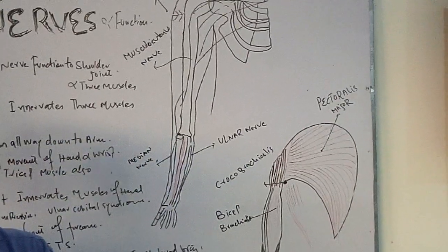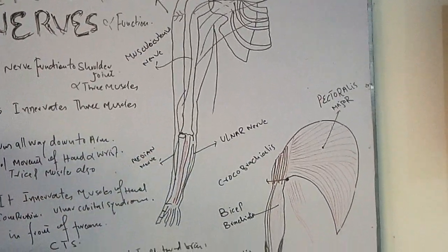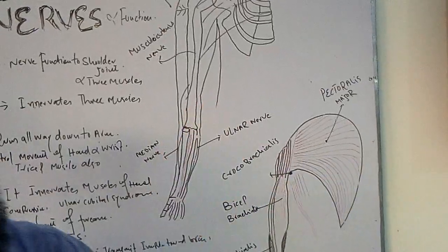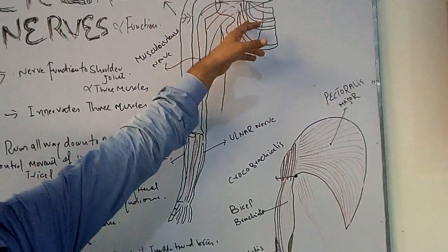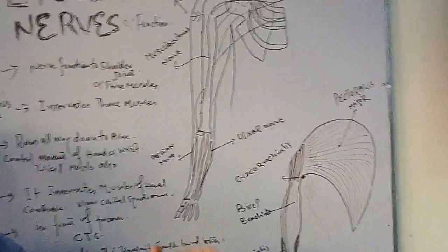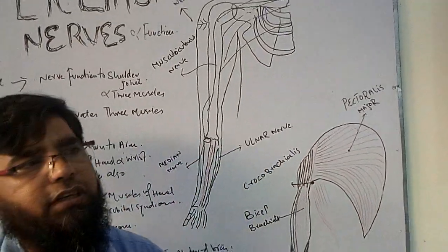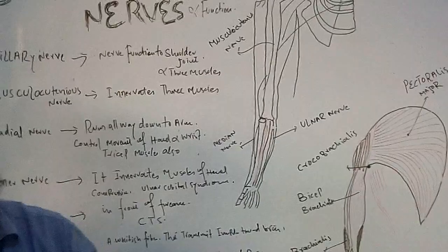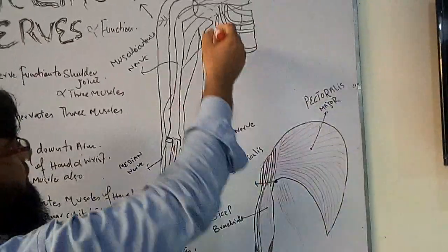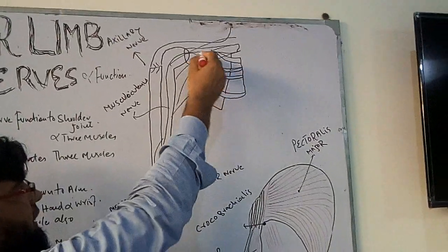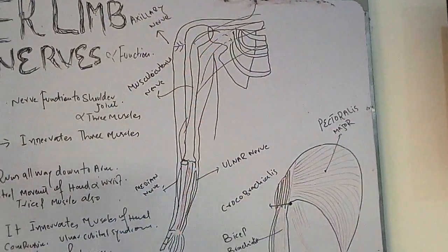The rotator cuff is very important in the movement of the shoulder. If you swing your shoulders, that's a very important function of the rotator cuff. If someone pulls, pushes, or lifts heavy weight, then you feel there is a rupture and swelling in this area. This is called the rotator cuff area.